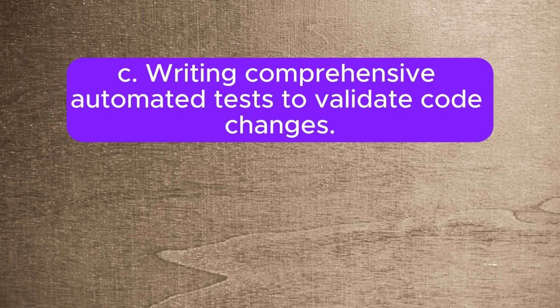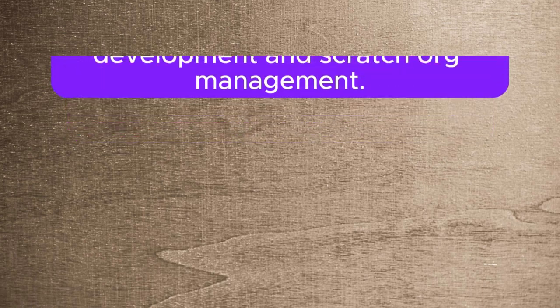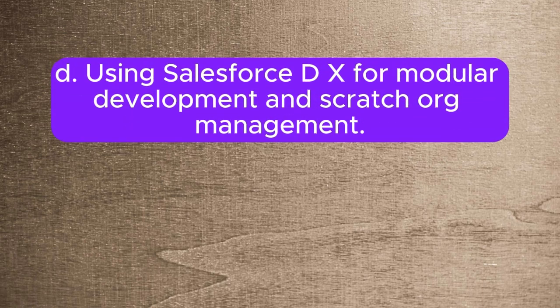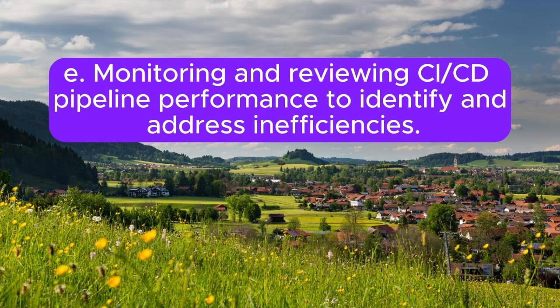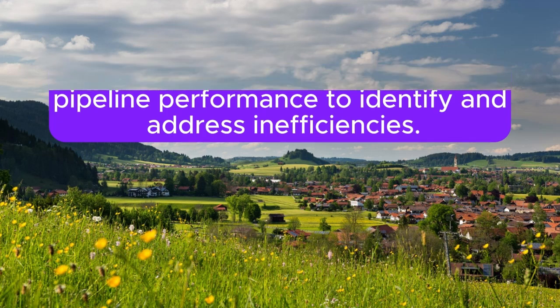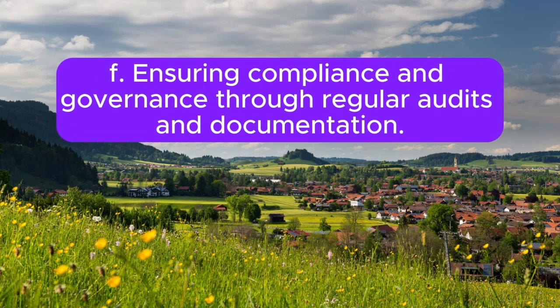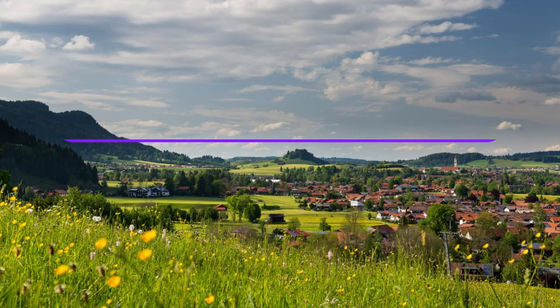C. Writing comprehensive automated tests to validate code changes. D. Using Salesforce DX for modular development and scratch org management. E. Monitoring and reviewing CI/CD pipeline performance to identify and address inefficiencies. F. Ensuring compliance and governance through regular audits and documentation.